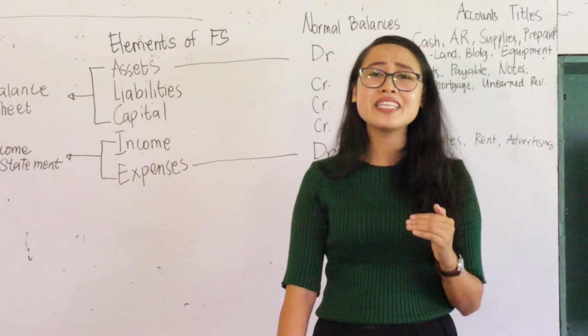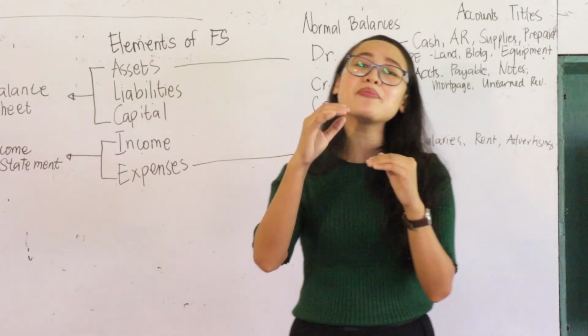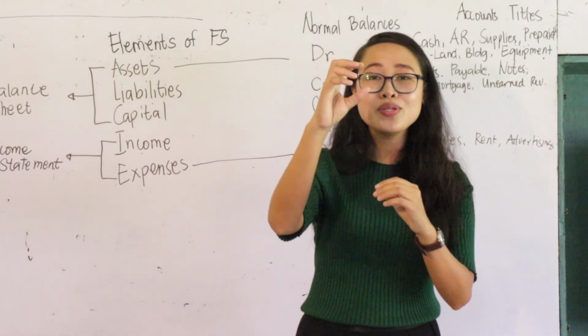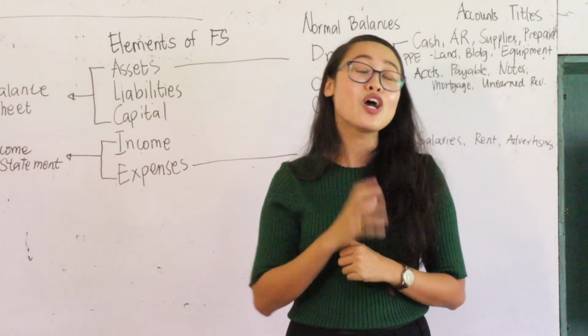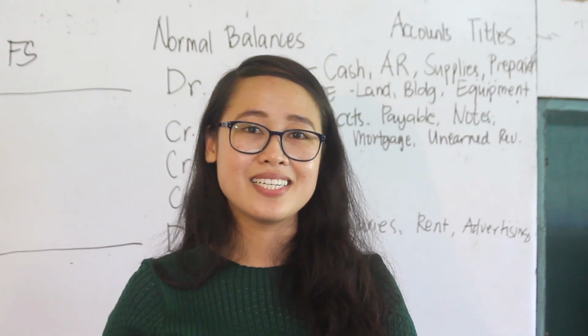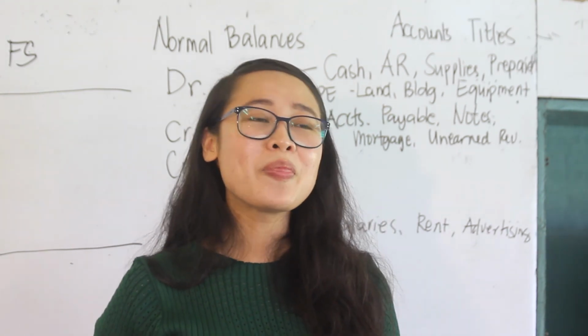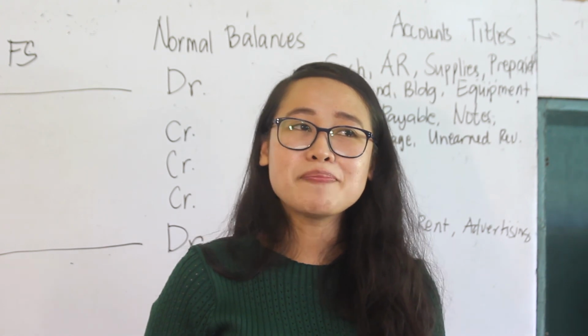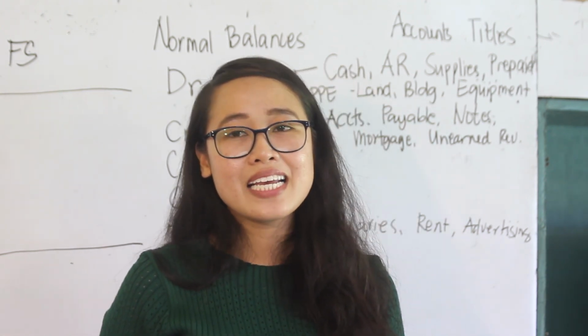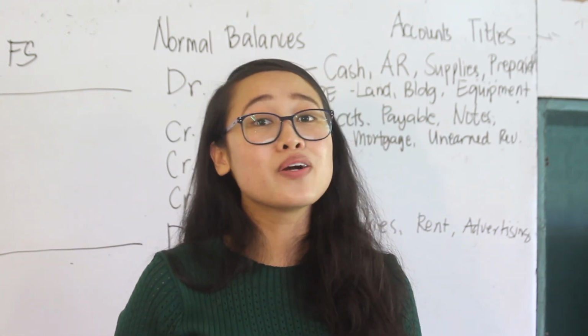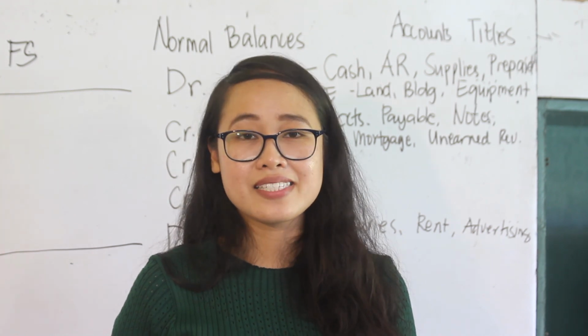But under merchandising, there is something in between the revenue and the expenses, and that is cost of sales. So what is the cost of sales? As I told you, instead of revenue, we're going to start with sales.